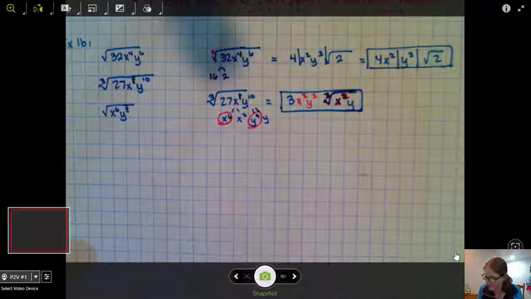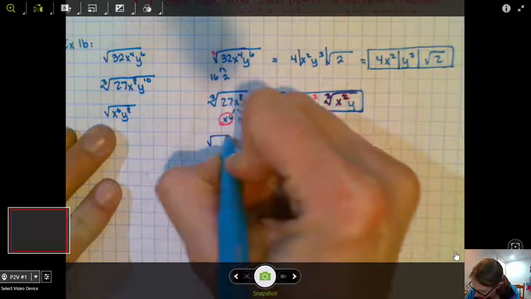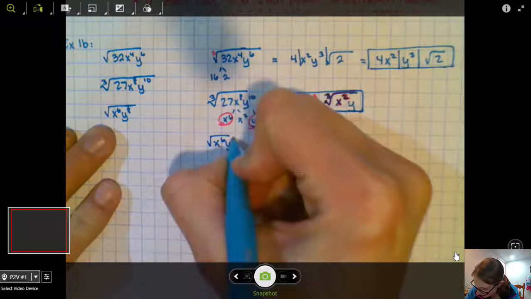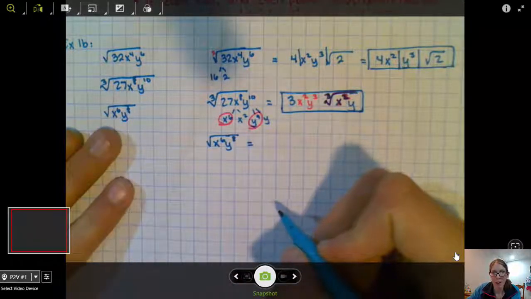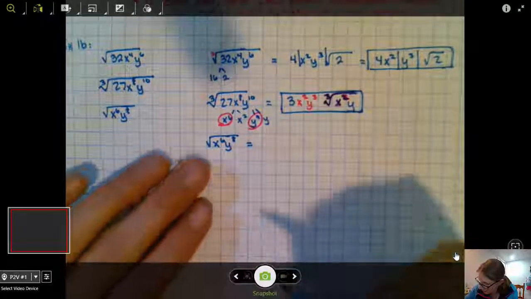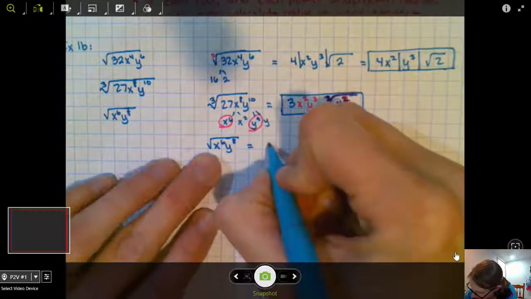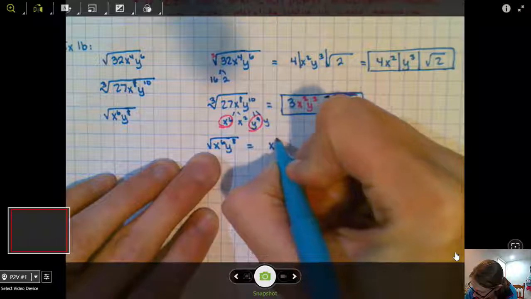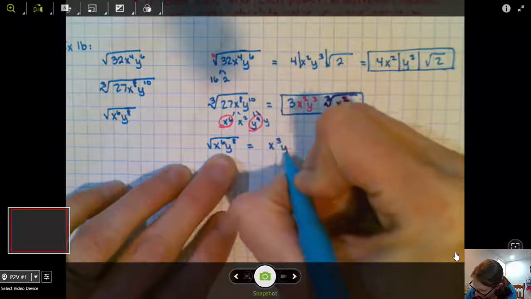Sounds kind of complicated. Last situation here, if I have the square root of x to the 6th, y to the 8th. My square root of x to the 6th is x cubed. My square root of y to the 8th is y to the 4th.